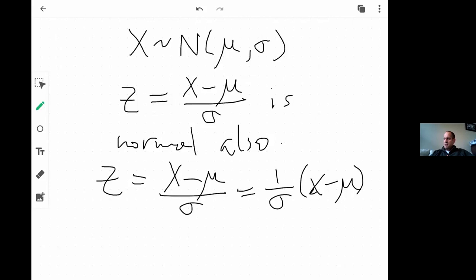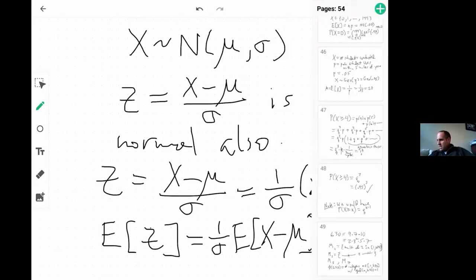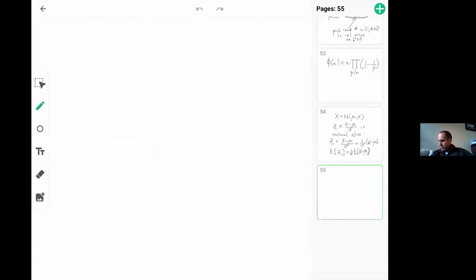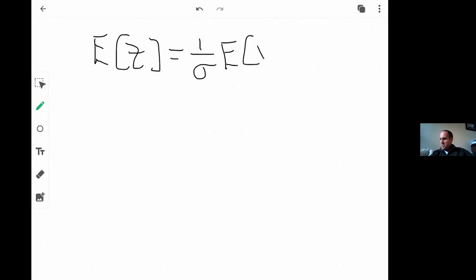So what is the mean of Z? What is the expected value of Z? We claimed that it's 0, okay? And it is, because look, I can factor out 1 over sigma. After all, that's a constant, yeah? So this is 1 over sigma times the expected value of X minus mu.